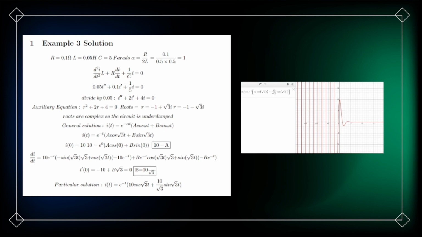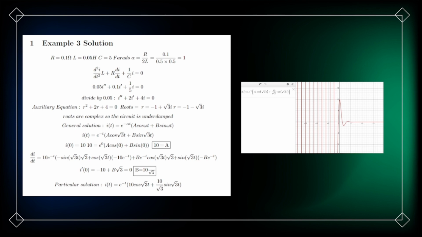Once you plug in our initial condition, I prime of 0 is equal to 0, we get negative 10 plus b times square root of 3 is equal to 0, and b is equal to 10 divided by square root of 3.